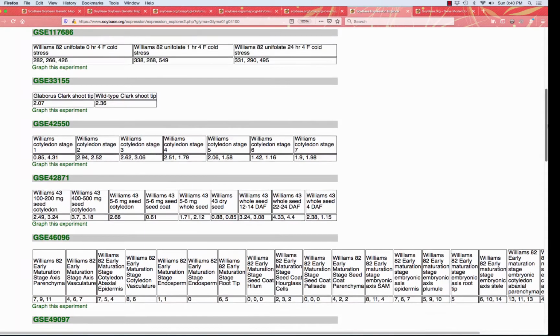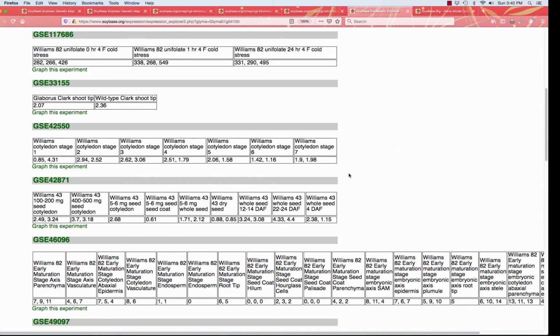And if we start looking at these in depth, we see that here's an experiment of the cultivar Williams where they looked at cotyledon stage seeds, and there's 7 different stages of cotyledon development they looked at, and we can see that there seems to be expression in the cotyledon stage in Williams, certainly more than it was in 1 and certainly more than it was at stage 7.